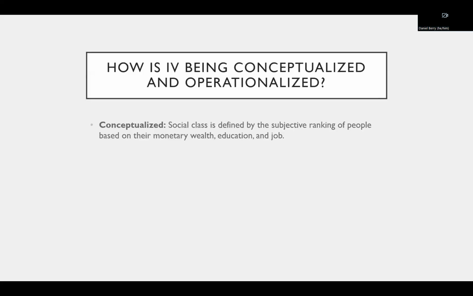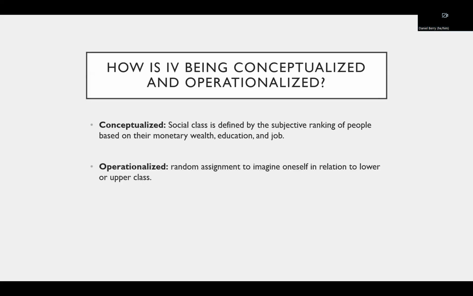Okay, so here the independent variable is being conceptualized as subjective rankings of people's money, wealth, and education and their job. And it's being operationalized as either imagining oneself in the lower or upper class, okay, through this relative standing manipulation.